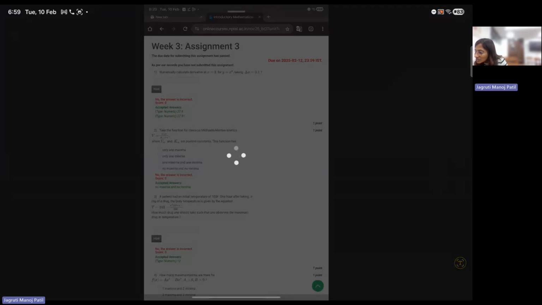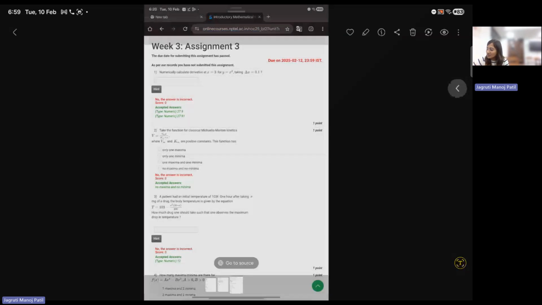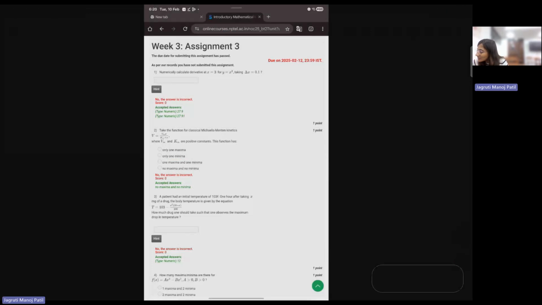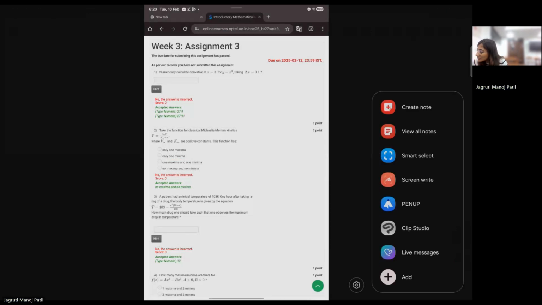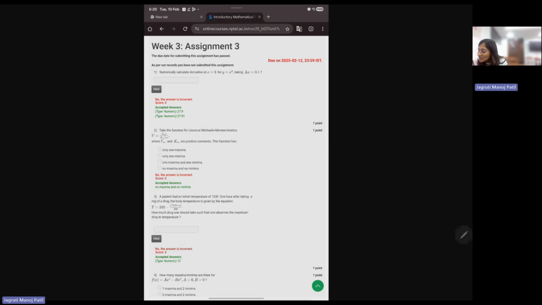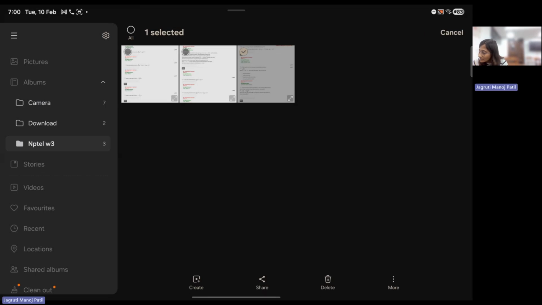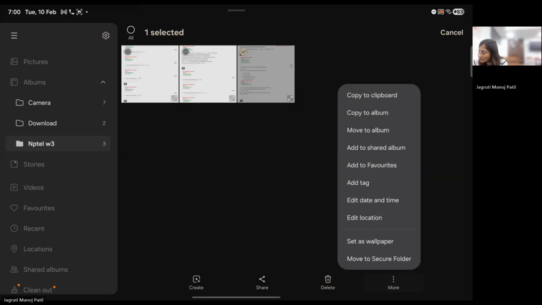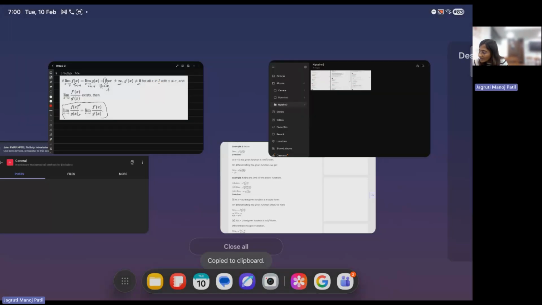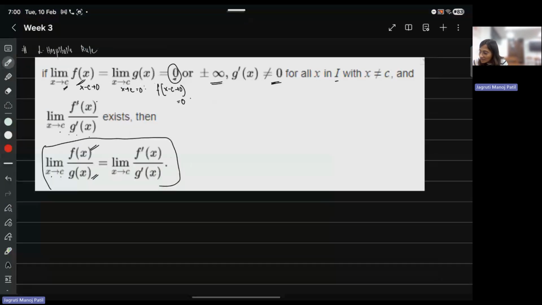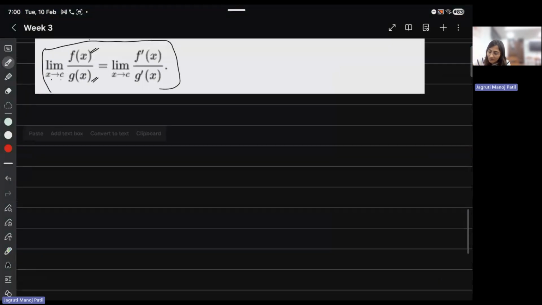Let's just see if it works this way. I didn't get time to compile a PDF today, so I just took screenshots, but I don't think that will work in this case. Let's see if it works. Well, something like this might work if I just copy to clipboard and then add it within this week 3 lecture note.